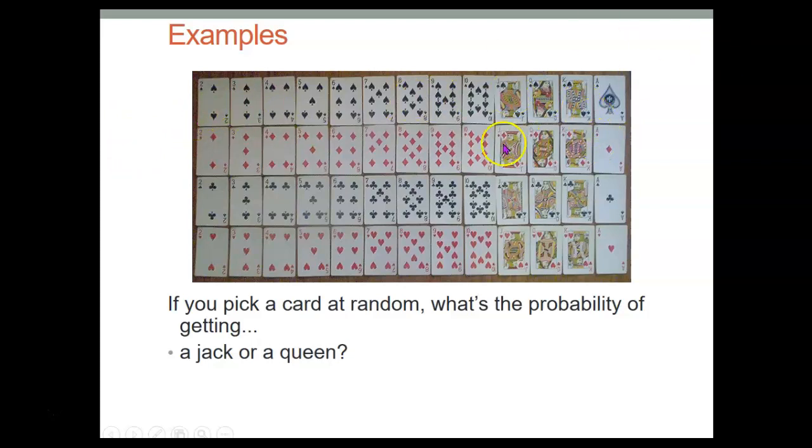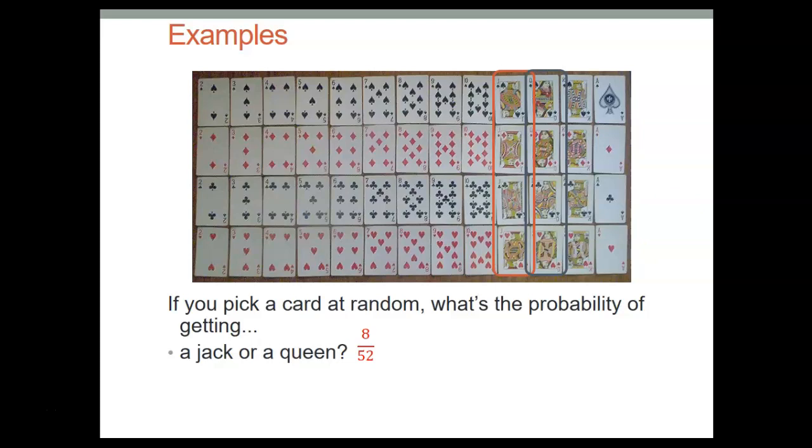There are 52 cards in all. And out of those 52 cards, there are 4 jacks and 4 queens. So altogether, that's 8 possible outcomes where this happens, where the card you pick is a jack or a queen. So the probability is 8 over 52.